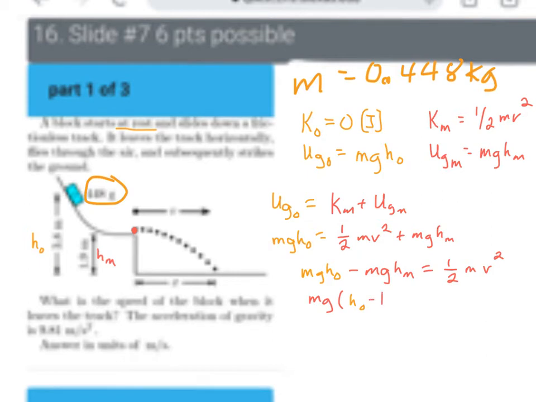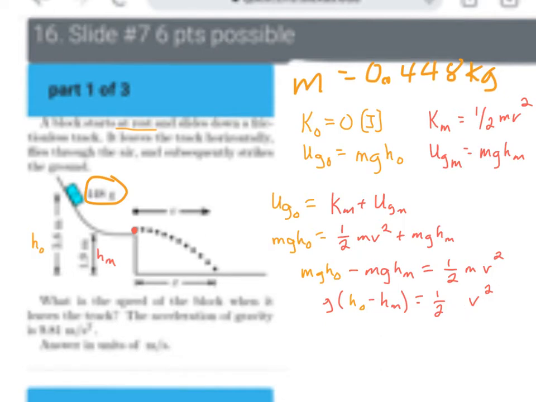Minus hm. And that's going to be equal to the right side, 1/2 mass times velocity squared. So really quickly here, we can see that the mass on the left and the right side are the same. So the masses are going to reduce out. Let me go ahead and get rid of those.